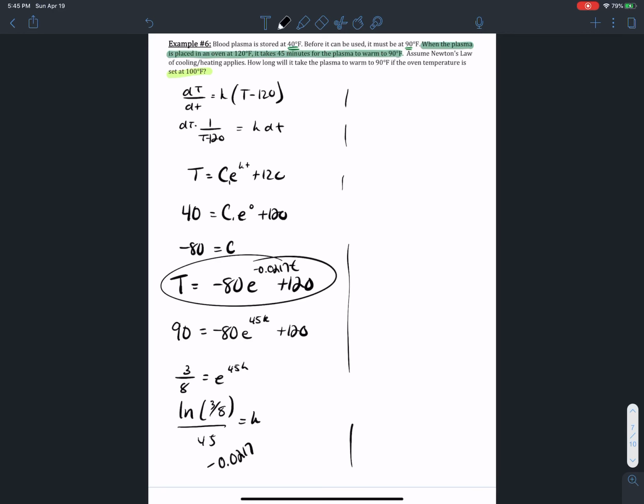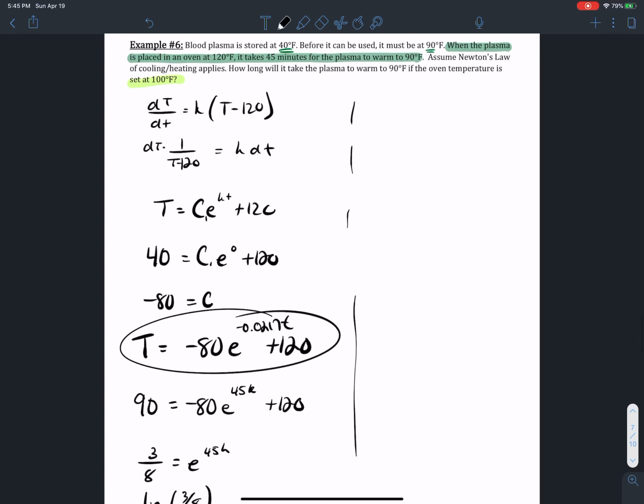And the main idea here is we could start it the same way. We know that in this oven, the change in temperature with respect to the change in time is a proportion of the difference of the temperature of the item and its environment. So when we solve this, we'd get back to this type of formula where we get T, and here I'm going to call it C2 just because it's a different oven, e to the KT plus 100.